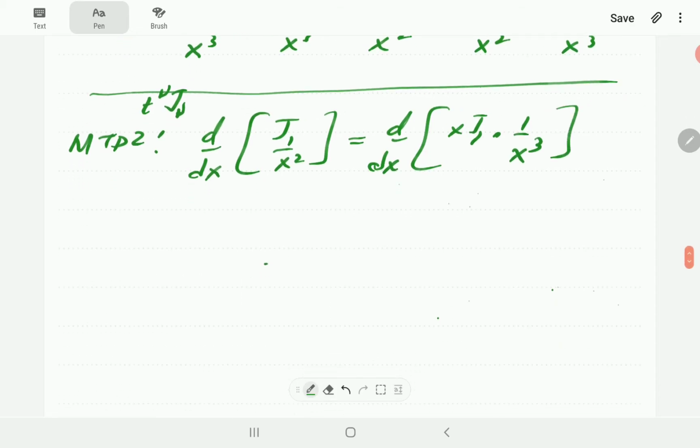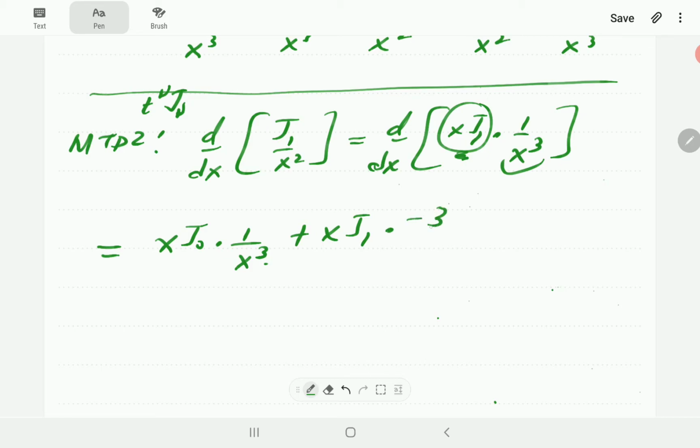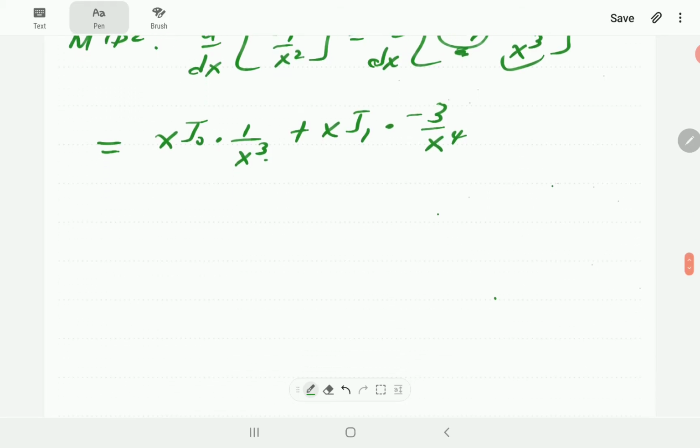And then we use of course the product rule. So the derivative of this is going to be x J0 times 1 over x cubed. Then if we keep xJ1 fixed, the derivative of this is going to be negative 3 over x to the power 4. And then this answer is already in terms of J0 and J1.